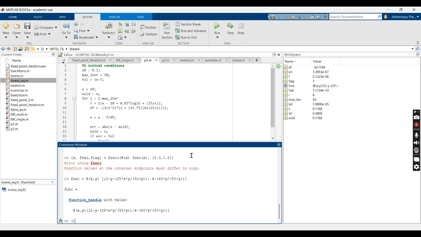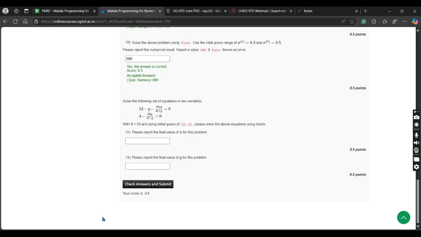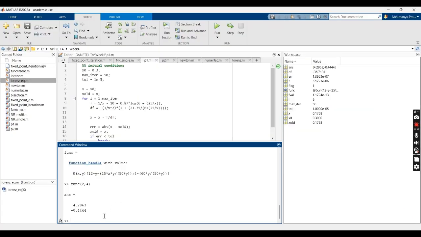So if I give a value of x and y, I should get a 2 cross 1 value. So I think this should work. Please report the final value of x and the final value of y for this problem using fsolve. So we just need to write, I usually just check the flag value.